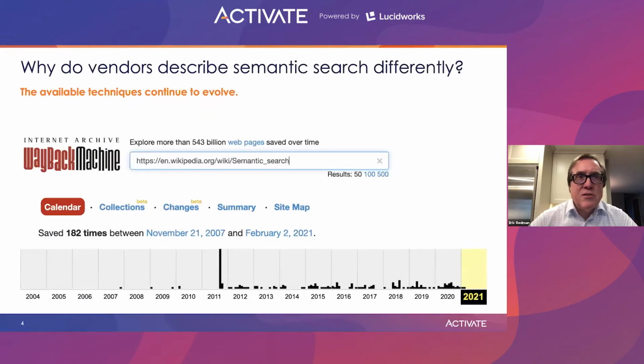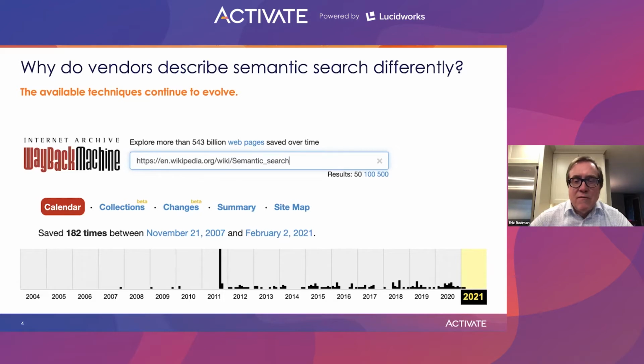So where does this variability in the perspective people take when they use the phrase semantic search come from? Well, the techniques available to accomplish semantic search have evolved quite a bit over the last 10 years, more than 10 years really. I took a look at the Wikipedia semantic search article and how it has evolved since around 2007.